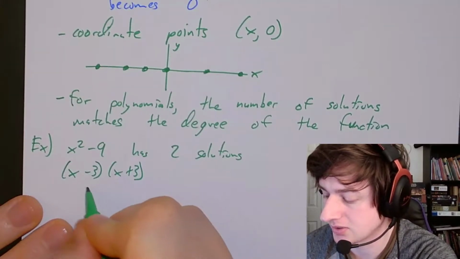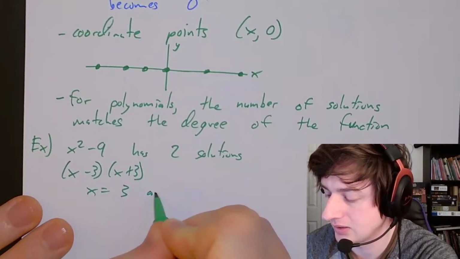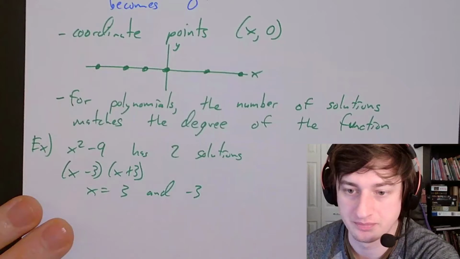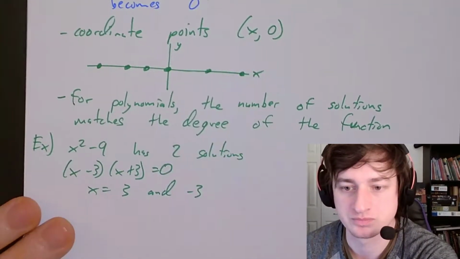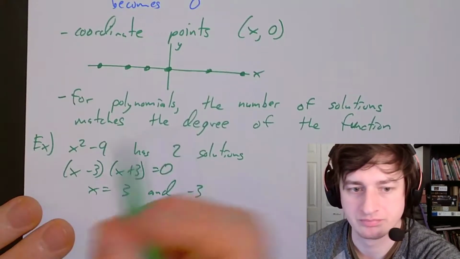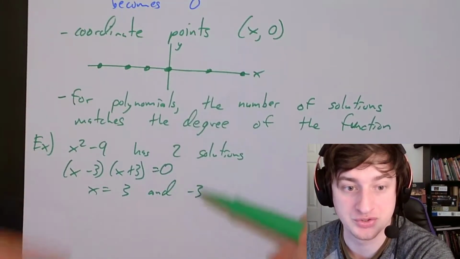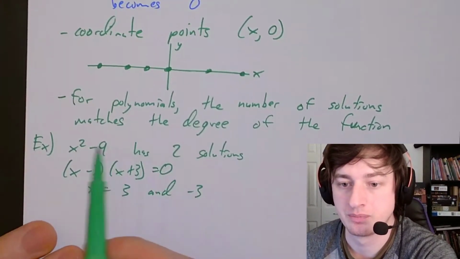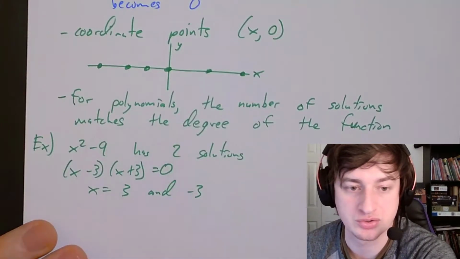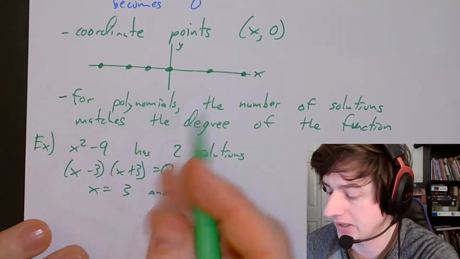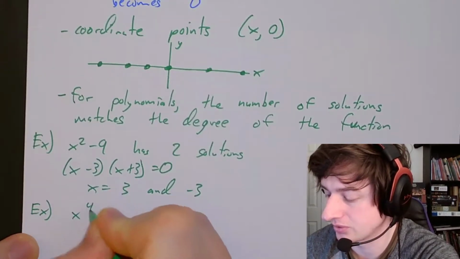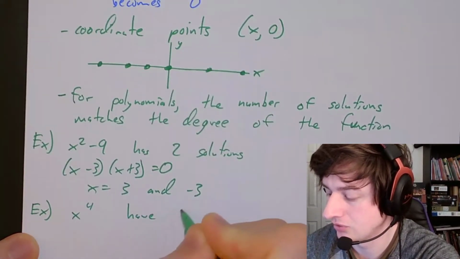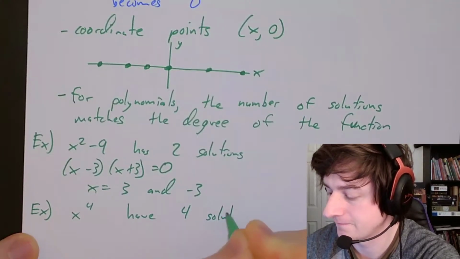And so then x equals 3 and negative 3 when this is 0. Ignoring how we get those numbers, we'll come back to that. Because it's x squared, it has 2 solutions. If we had a higher degree function, like x to the 4th, it's going to have 4 solutions.